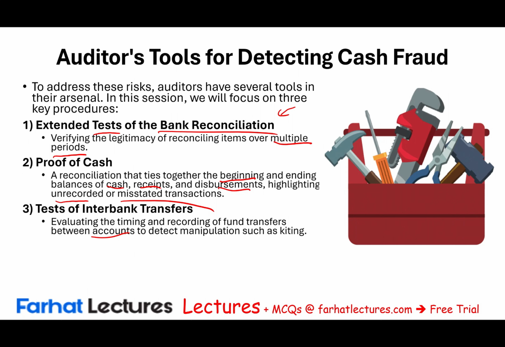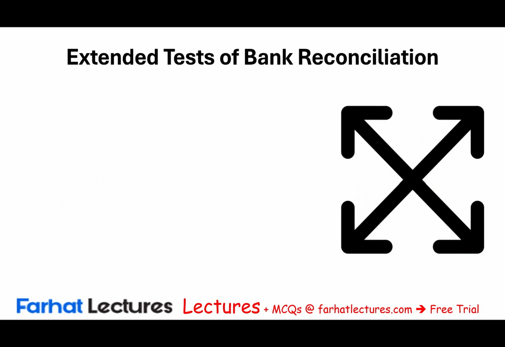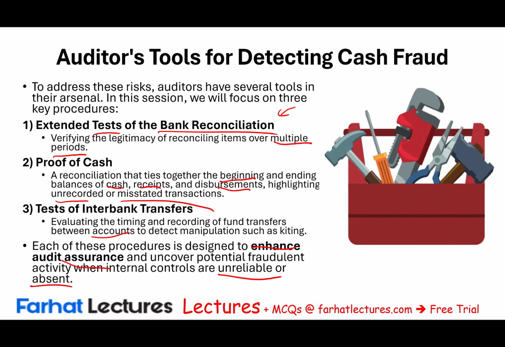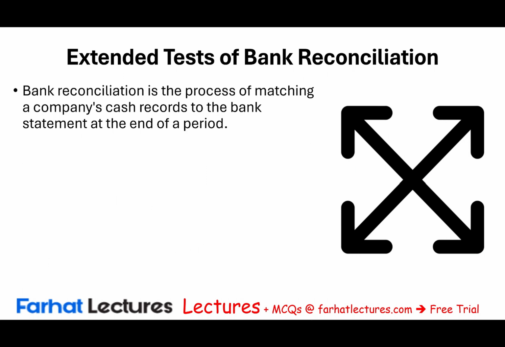We're going to look at each one of them a little bit more in depth. Each one of them will enhance the audit assurance and uncover potential fraudulent activity when internal controls are unreliable or absent. If everything looks good, just the bank reconciliation, what we did in the prior session, will suffice. If not, we have to extend the test of the bank reconciliation.